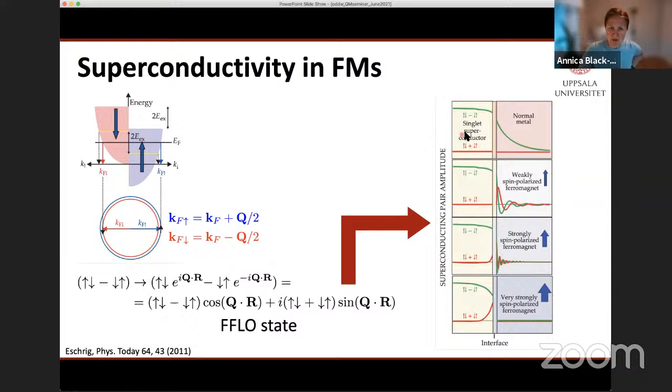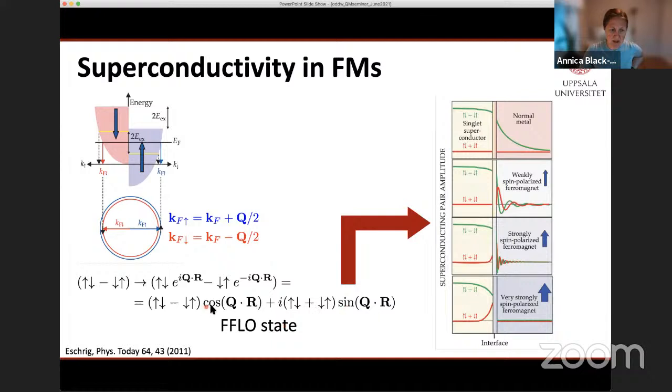So we start with a spin-singlet superconductor on this side, and here we have various other material. So here, if we have just a normal metal, the spin-singlet state can just penetrate just fine in the normal metal. There's no magnetism in the system, so we never get spin-triplet superconductivity. If you have a weakly spin-polarized ferromagnet, while you have the spin-singlet state, it starts oscillating.